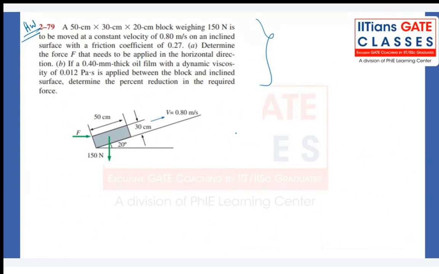What is the force? What are they asking? The percentage reduction, or maybe I'm giving you the answer for A part, that is a force 57.15 Newton. At least you try A part, not now.